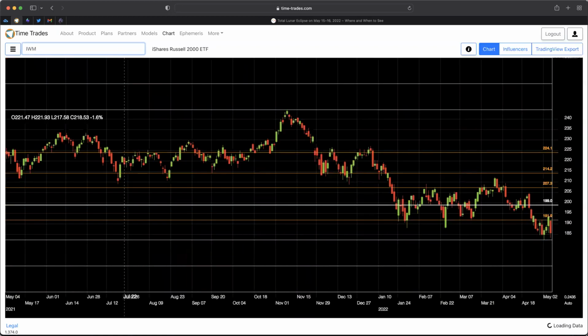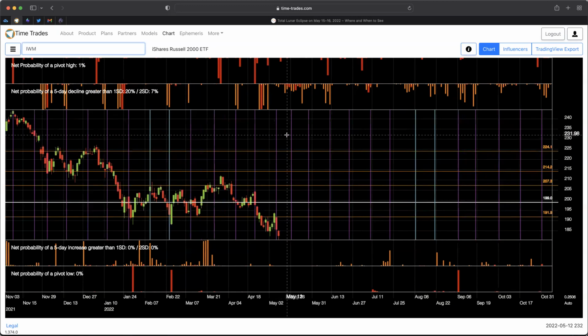IWM is even more bearish than SPY or the QQQ. We've got a pretty consistent cluster here of 1 and 2 standard deviation moves down, starting on the 11th and then peaking on the 18th with this 25% probability of a 2 standard deviation move down.